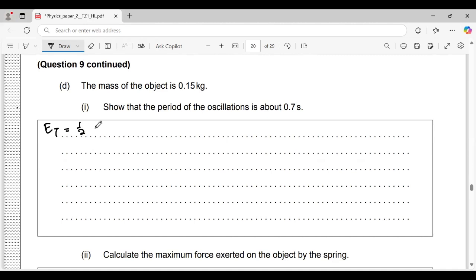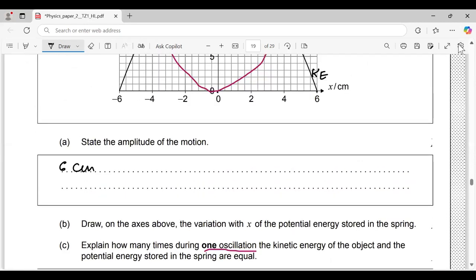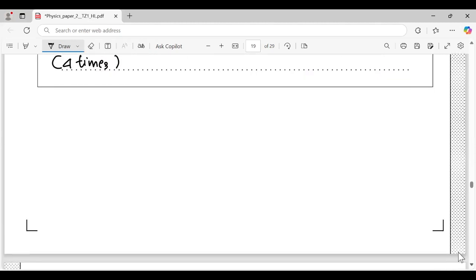Total energy is half times m omega squared A squared, where A is the displacement. So total energy, half times mass 0.15, and we are going to find omega squared, and A is the displacement, 6 centimeters, let me check.